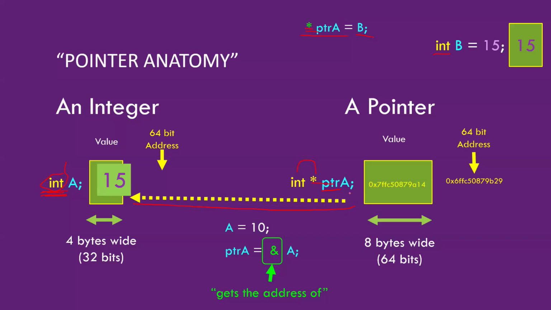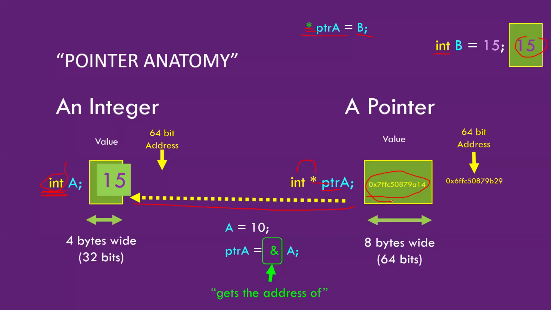Now, we could find ways to force the number 15 to go into here. That would be very bad, because we don't know what's at address 15 in memory, right? So C++ is going to fight us every step of the way to prevent us from putting a 15, which is an integer, into an address variable. We can do it. There are ways we can force it to happen, but it's not a natural thing.